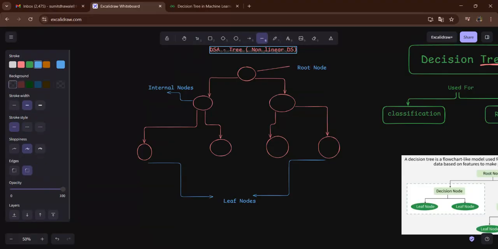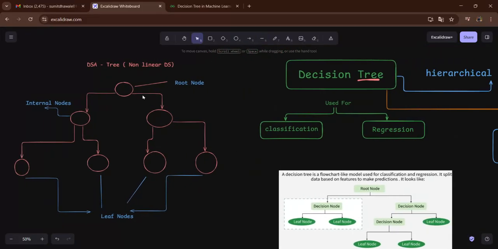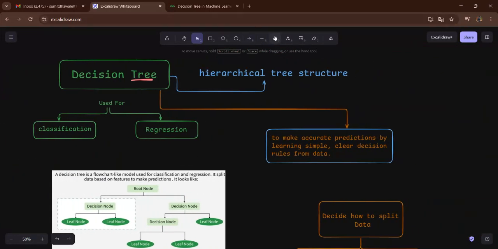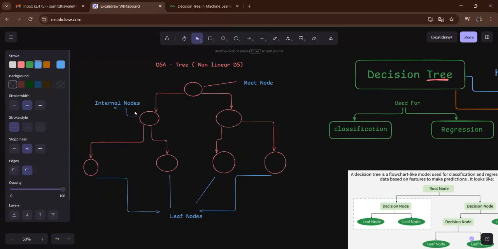This is the structure of a tree. So a decision tree is a hierarchical tree structure, as we have seen.